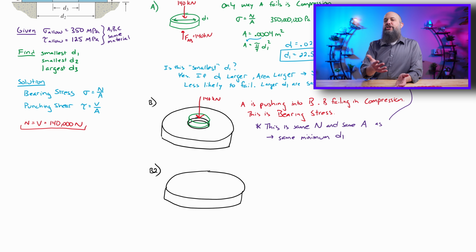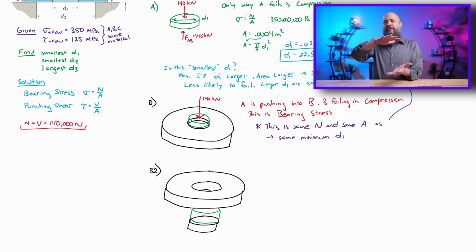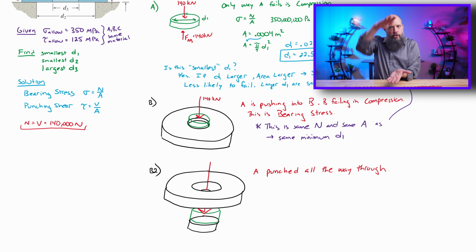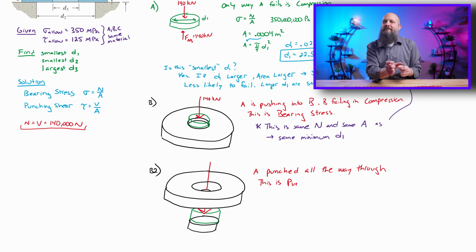This is punching shear. Just think of a hole punch, like the office supplies. This is where instead of B being pressed inwards, the entire undeformed disc is just pushed all the way through, and you are left with a donut and a donut hole.